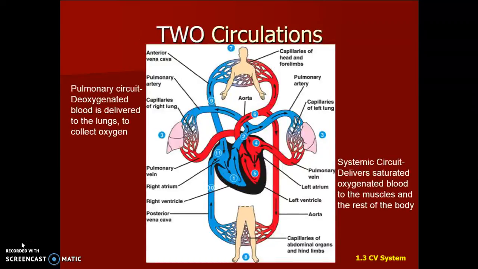The next slide is looking at the two different circulations. The systemic circuit, which delivers oxygenated blood to the muscles and the rest of the body.